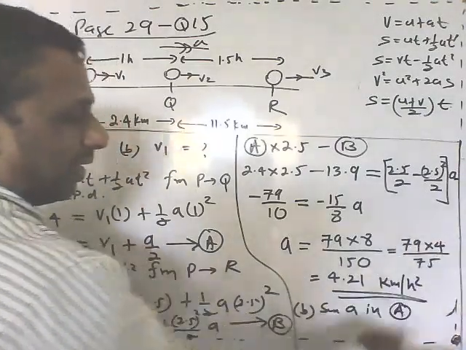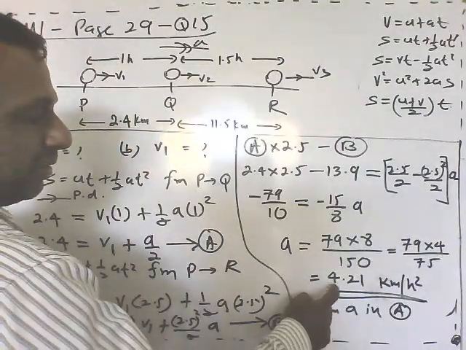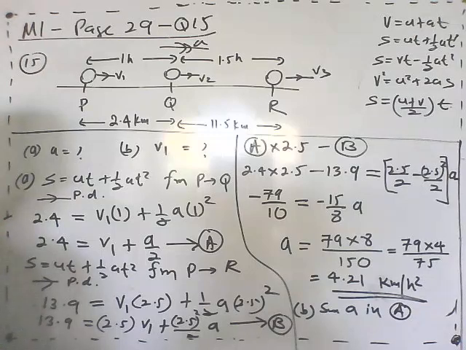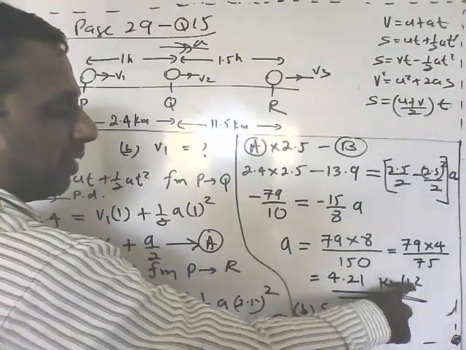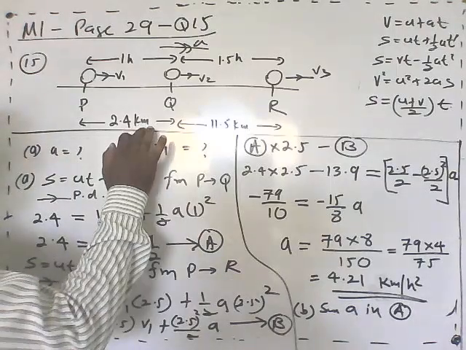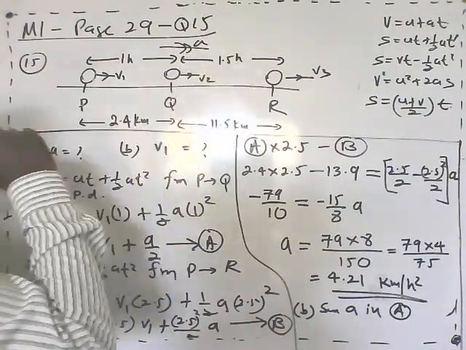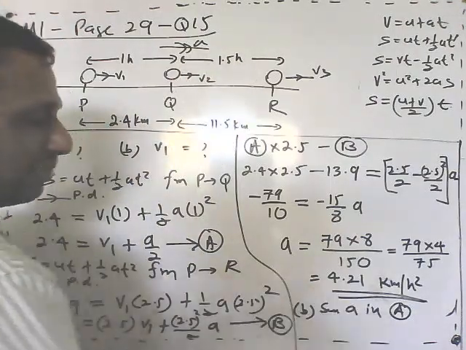I put this in the calculator, it gave 4.21, right? So that is part A. And remember this is kilometers per hour square, because not seconds and meters, the units are different, so you have to be careful.